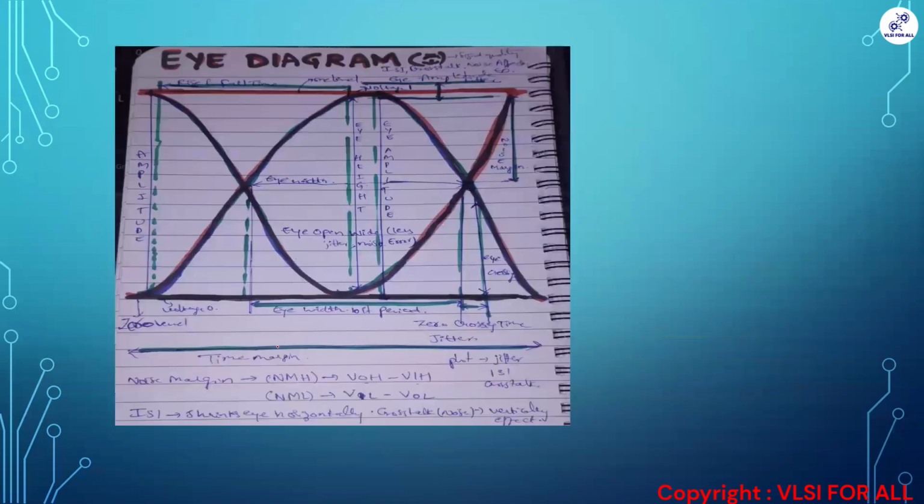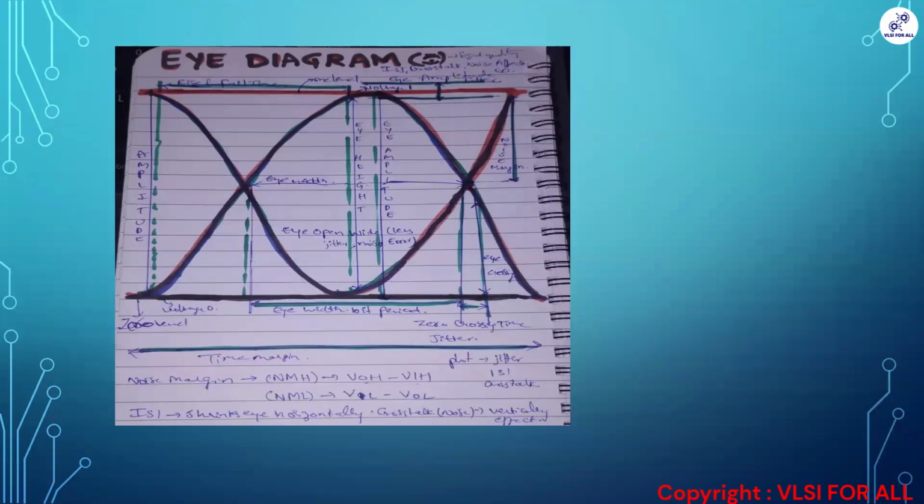If you see this eye diagram, we will be seeing the rise time, fall time, the voltage one level and voltage zero level, and you will have an eye width here. That eye width is the bit period, and the height is the noise margin. If the eye is this wide open, it has less jitter and less noise error, and there will be eye crossings.